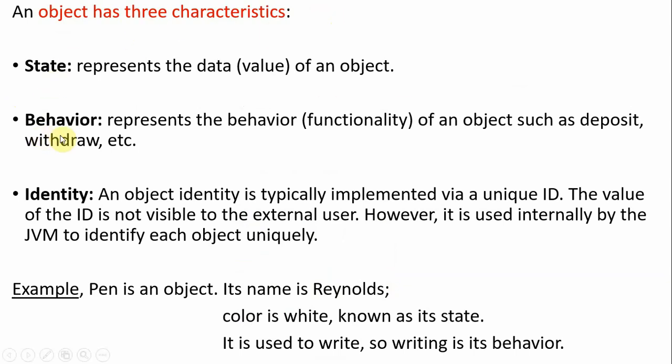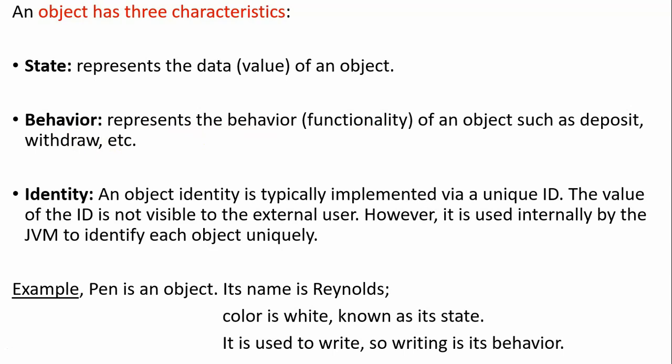When it comes to the characteristics of an object, there are three characteristics: state, behavior, and identity. State represents the data, or a value given to an object. Just as we give a literal value to a variable, in the same way a value given to the object is simply called state. Behavior represents functionality. For example, a pen is for writing.